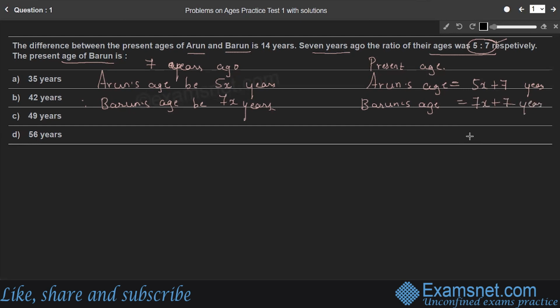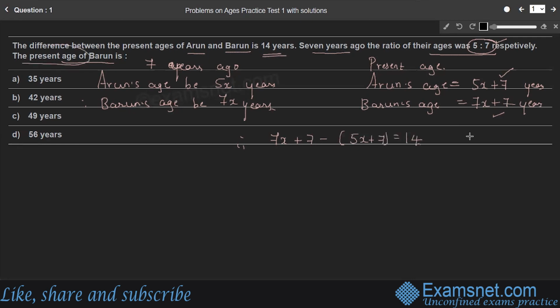The difference between their present ages is 14 years. Here 7x plus 7 is greater than 5x plus 7, therefore (7x plus 7) minus (5x plus 7) is 14 years.